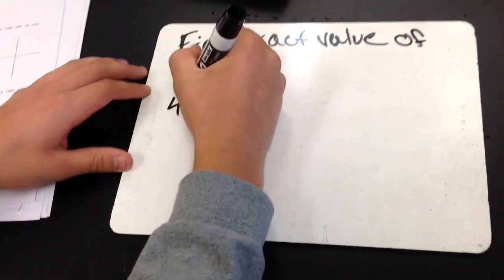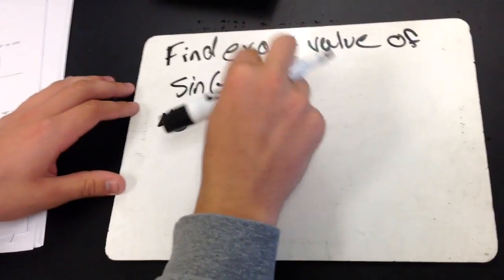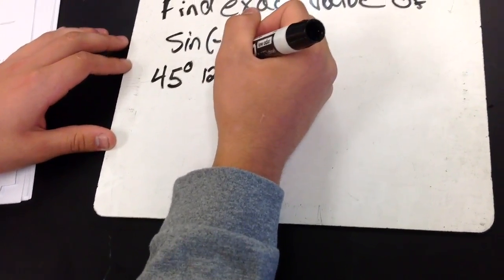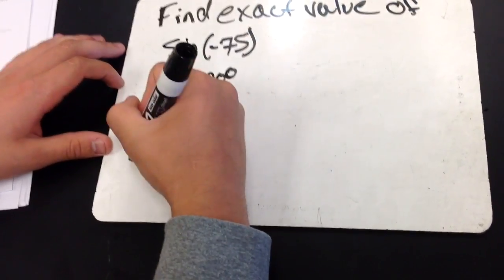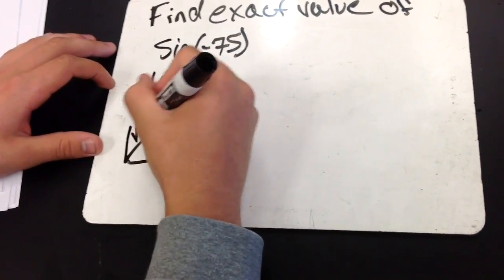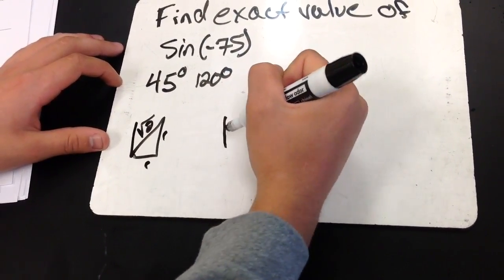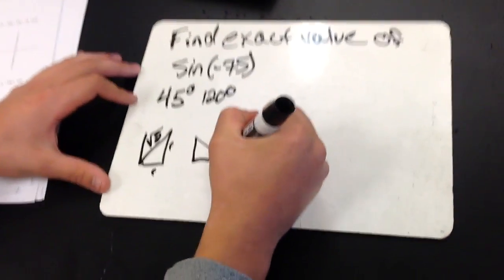So we're going to find your angles that subtract to negative 75, which would be 45 and 120. We're going to draw out the triangles. Now that we're getting into some bigger numbers, you got to remember which quadrant they go in. So 120 is going to be in quadrant 2.